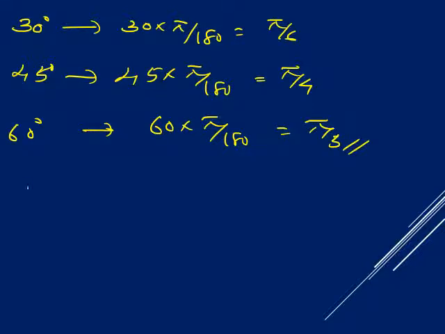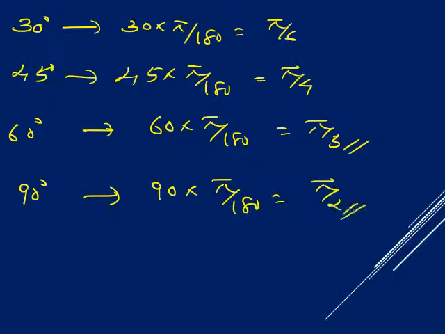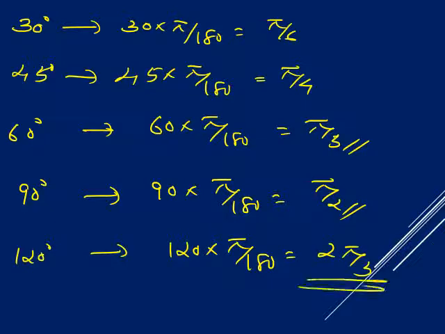Now 90 degree: 90 into pi by 180, the answer is pi by 2 radian. Now 120 degree: 120 into pi by 180, the answer is 2 pi by 3.